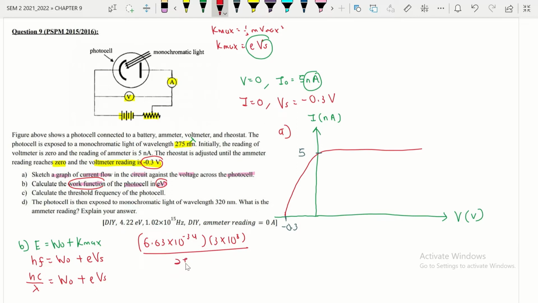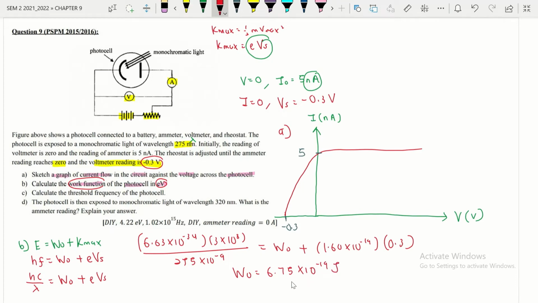The wavelength given is 275 times 10 to the power of negative 9 because it is in nanometer, and the work function is what we want to find. The electron charge is 1.6 times 10 to the power of negative 19 and the stopping potential is 0.3 volt. Press the calculator and you will get the work function 6.75 times 10 to the power of negative 19 joule.